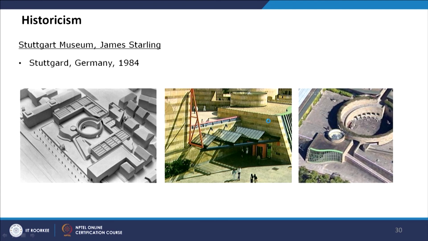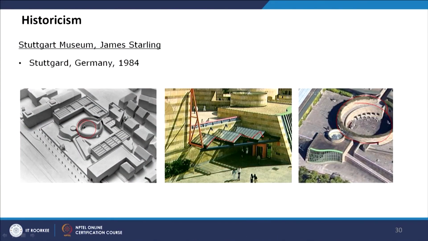From the top, if you look at the plan, it looks like plazas and theaters like the Colosseum and the Parthenon. This circularity is added, and on top some other different materials are added, which are totally contemporary.